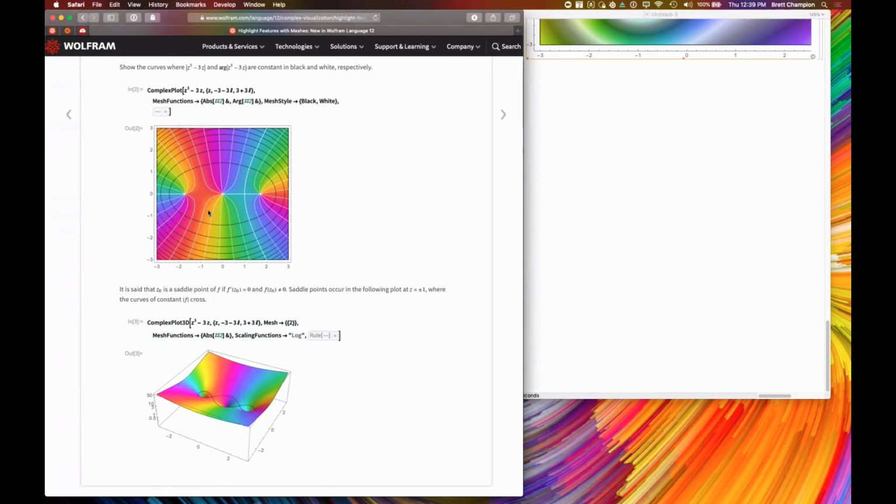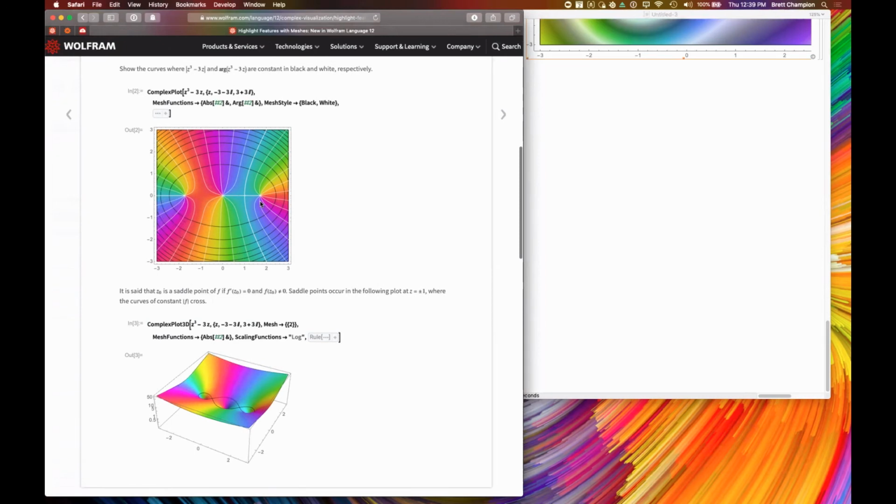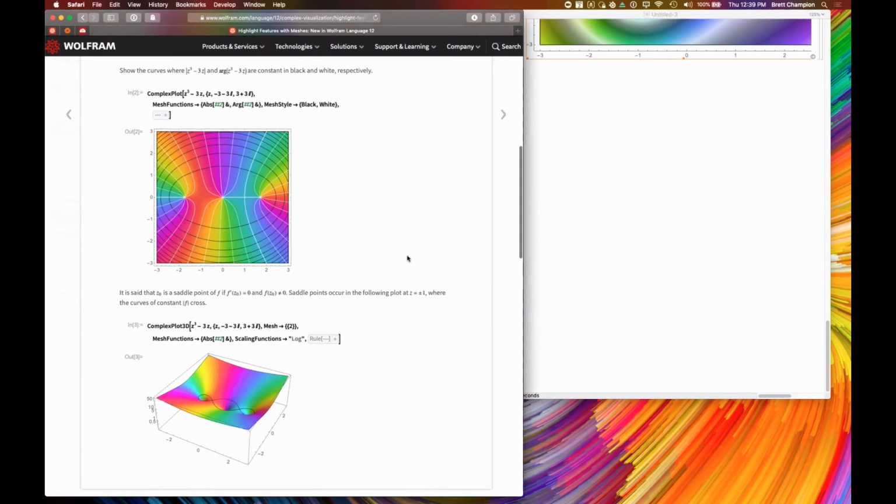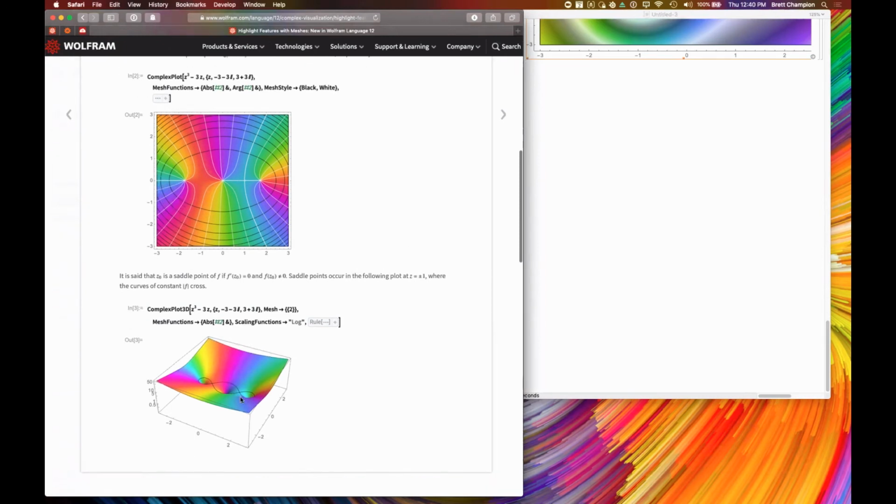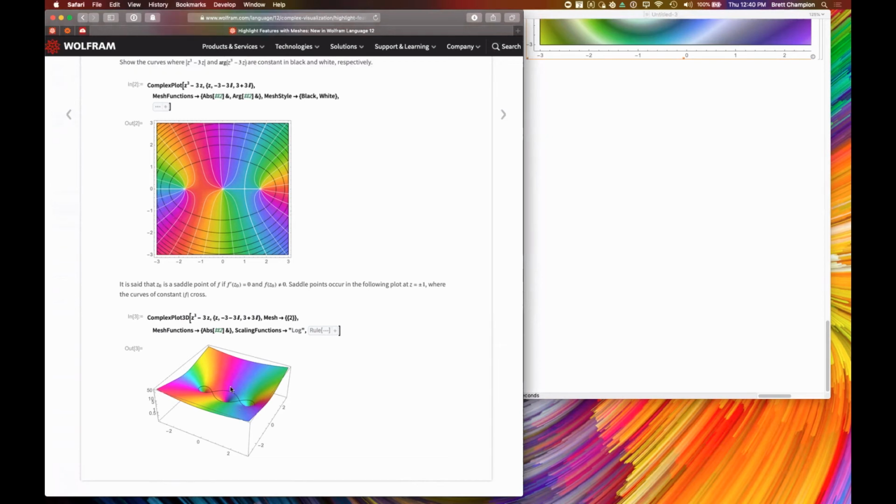They don't really want to cross here. But you can also see that we have yellow and red across from each other, and it's the same with the blues and the greens at this saddle point. They show up really well on the complex plot 3D.